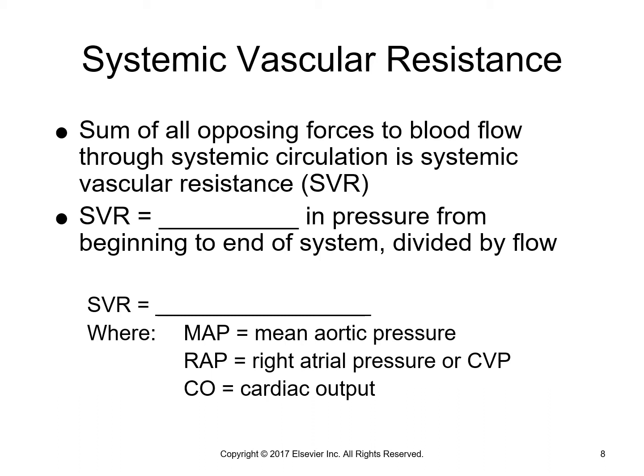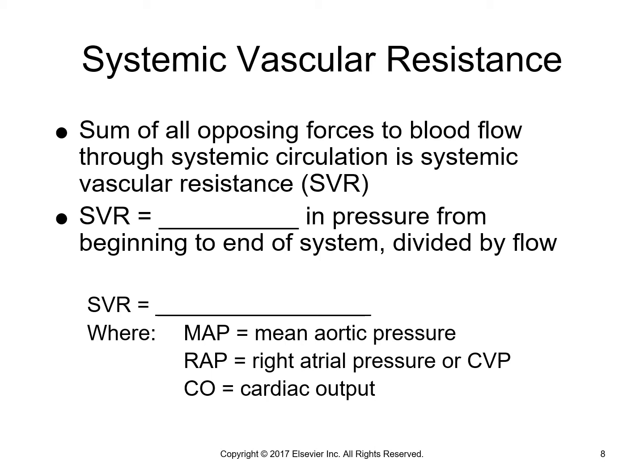So if you do the math, you've got 90 minus 4, which is 86, and then divided by 5 as an average cardiac output. These are normal values, okay? That's going to give you 17.2 millimeters of mercury per liter per minute.